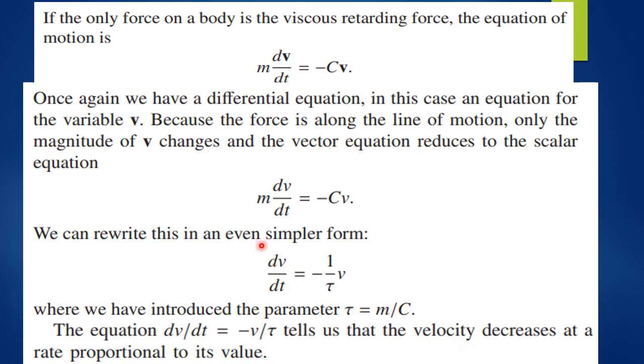Now we introduce a new parameter, tau, equal to M by C. Therefore, our equation becomes dV by dt equals minus 1 by tau times V. This is the relation to be solved, to find how V varies with time.